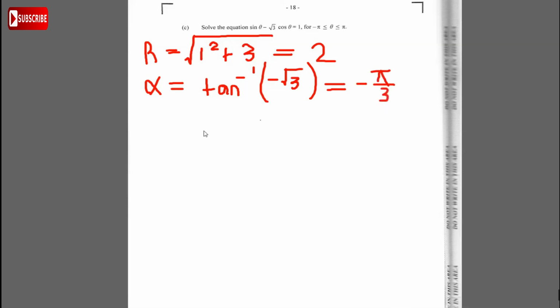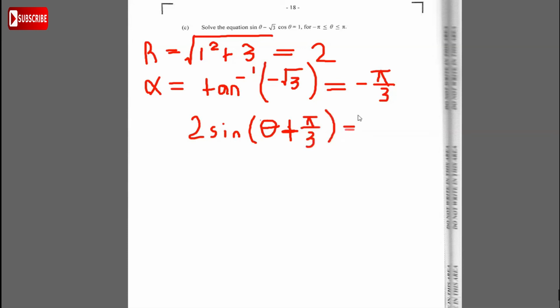And so to put it in the r sine form, I can rewrite this side as 2 times the sine of theta minus alpha, and alpha is minus pi by 3, so minus and minus become plus. So it's theta plus pi by 3, and that's equal to 1.